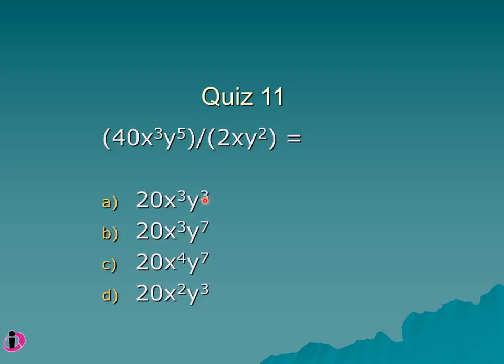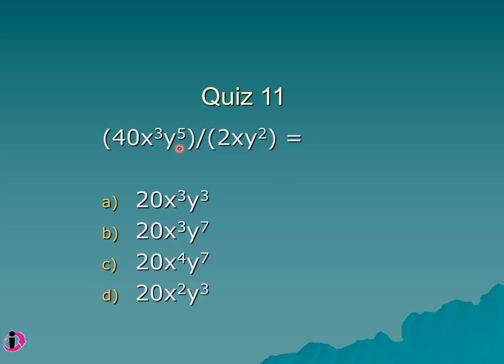Let's check another one. 40 divided by 2. 20, right? Now look at this one. You have y and x both. So you'll be dealing with the powers of x and y separately, right? Power of x cubed and x to the 1. So it will be like x to the power 3 minus 1, right? And y to the power 5 minus 2. So what happens?